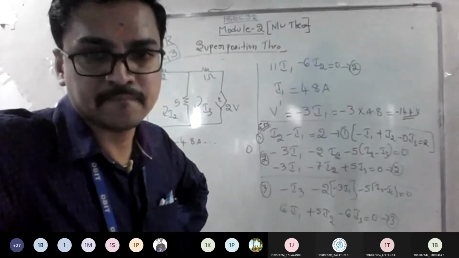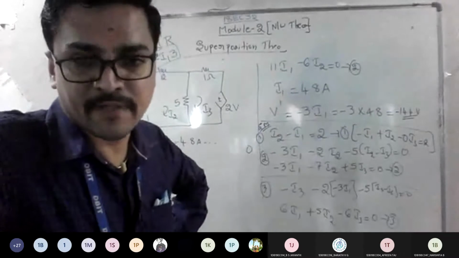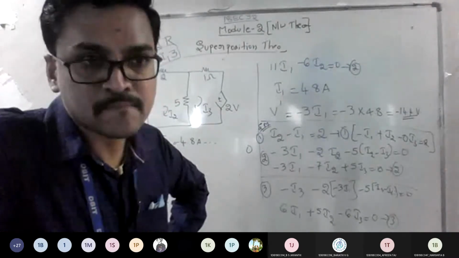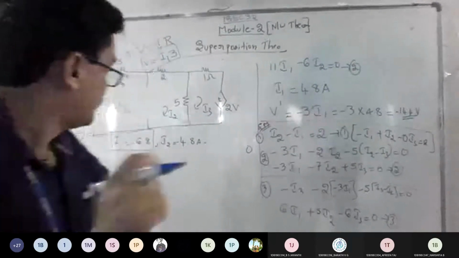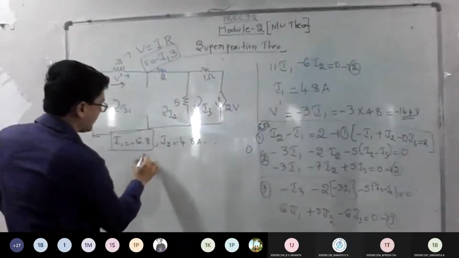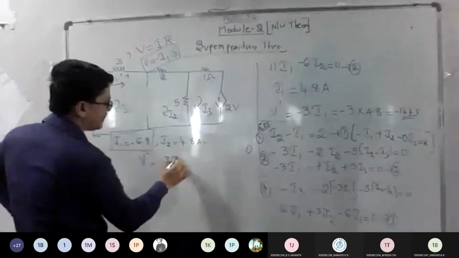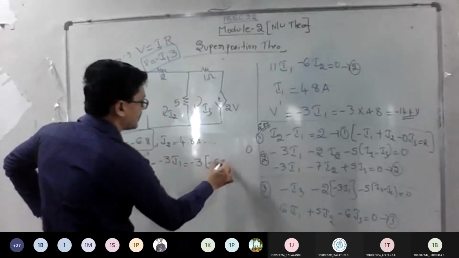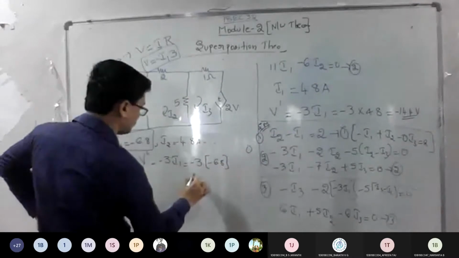Is it done till here, everyone? Everyone got the answer of I1 as minus 6.8? Yes, sir. Okay, fine. Same procedure: V double dash is equal to minus 3 times I1. The value of I1 is negative here, so this becomes positive.